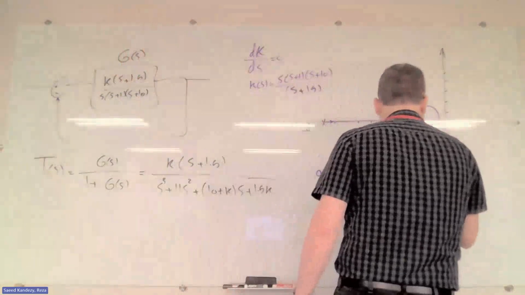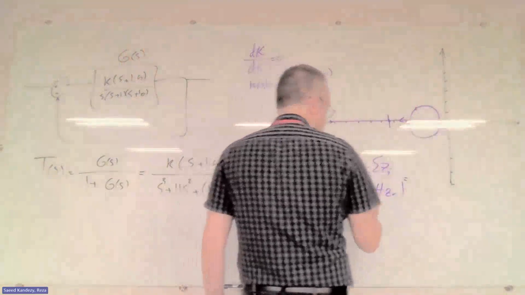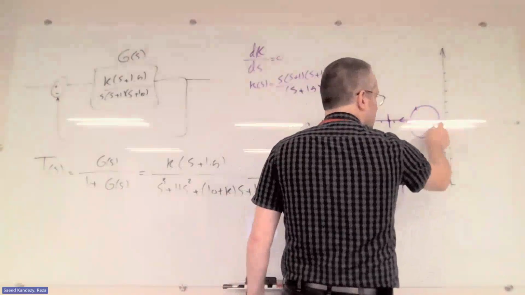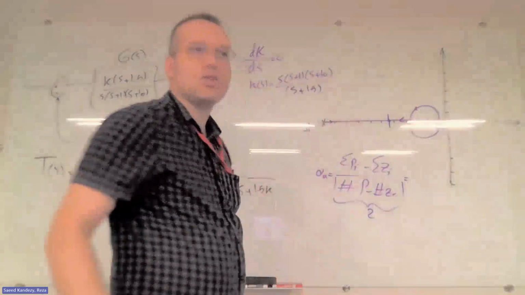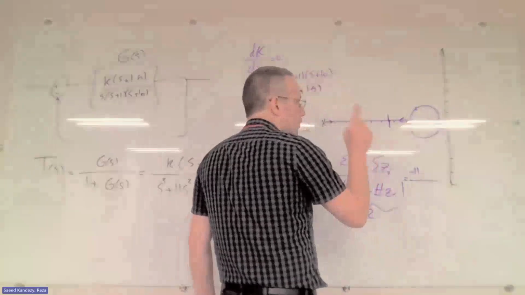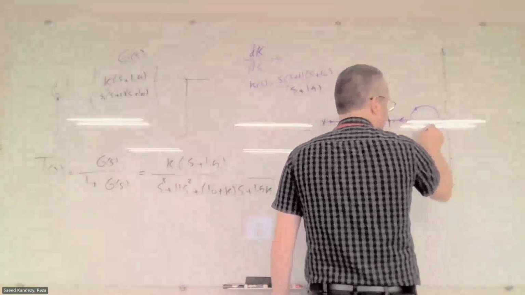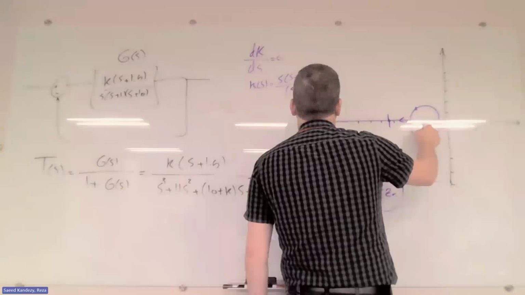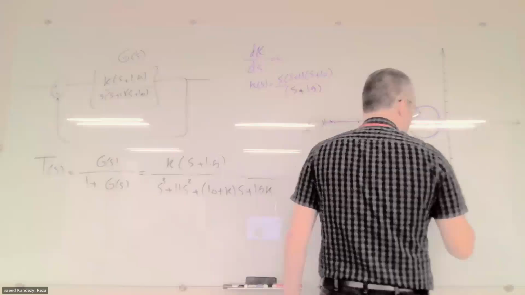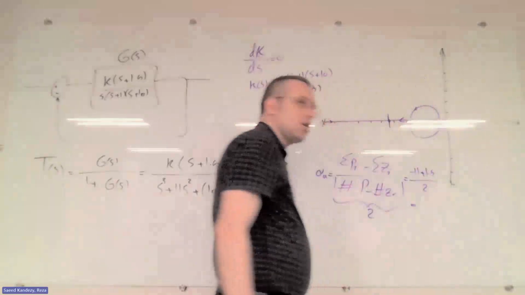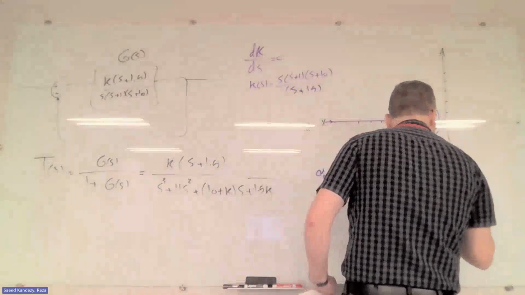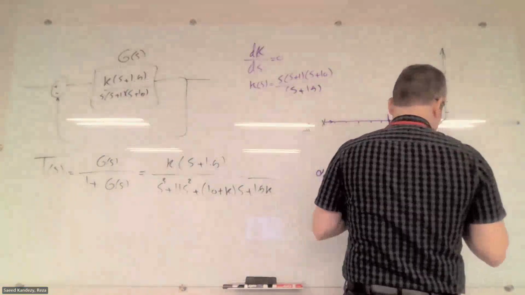Now, in our case, this is 2. The summation of the poles is 0, minus 1, and minus 10, which is minus 11. The zero, we only have 1, and it's minus 1.5. So it's going to be minus 11 plus 1.5 over 2. So the delta, if you calculate that, which is easy, will be minus 4.75.